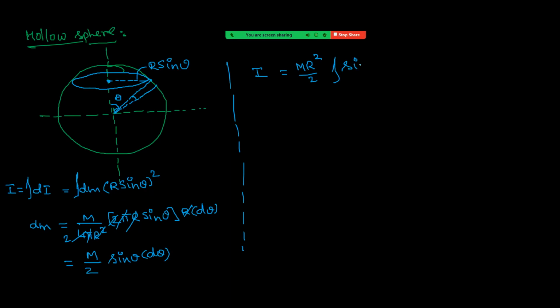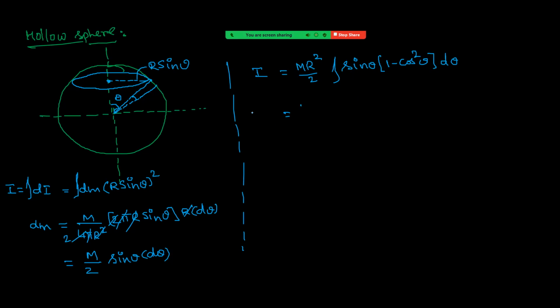In the place of sine square theta, we are writing 1 minus cos square theta. Now simplify this. Or do one thing, take it separately: the calculation of this.